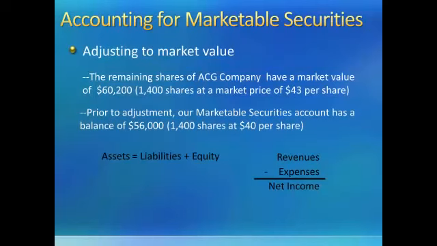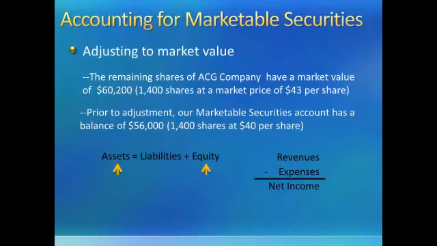Because recall, we purchased it at $40 per share. When we have an increase in the value, we will be increasing our equity and increasing the book value of our marketable security to its fair market value. So instead of reporting $56,000 on the balance sheet, we want to report $60,200.